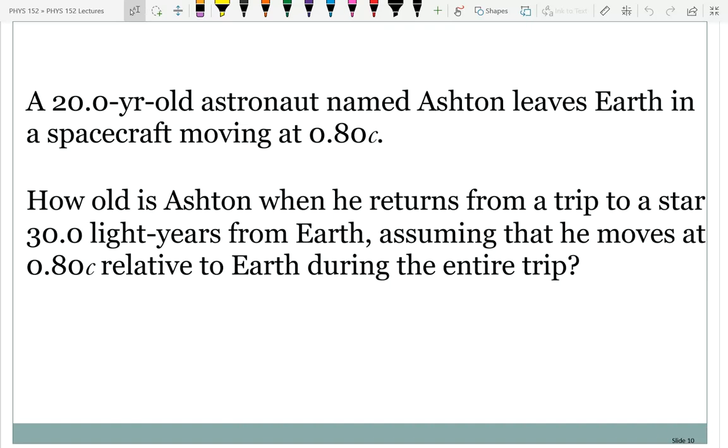What are our starting points for special relativity, or one starting point really for special? An inertial reference frame. So special relativity only applies for inertial reference frame.